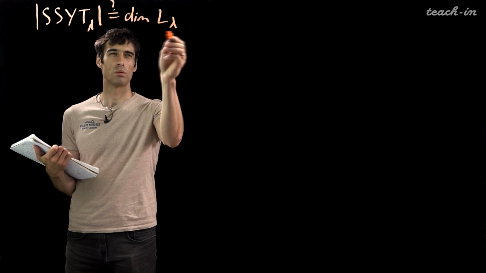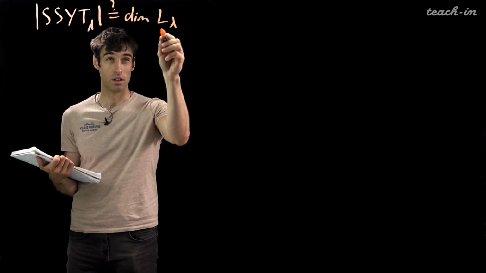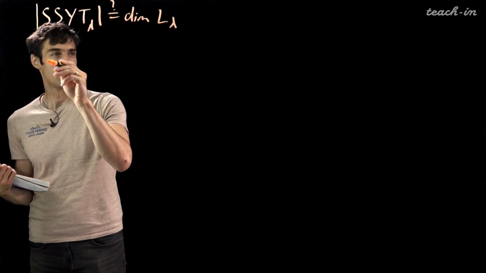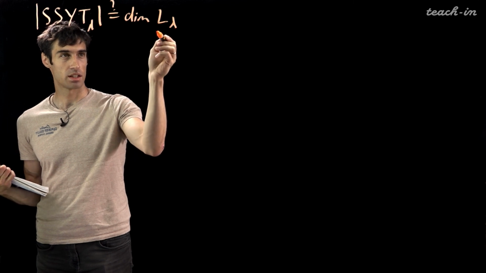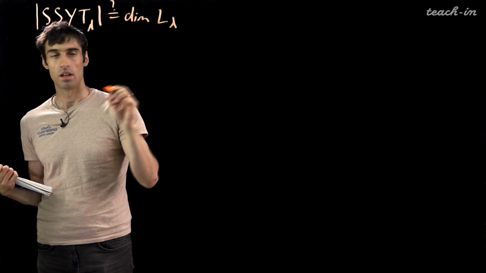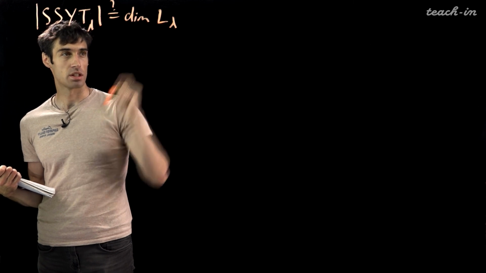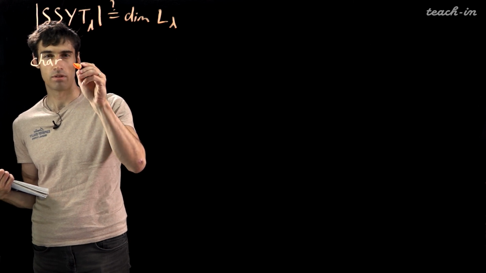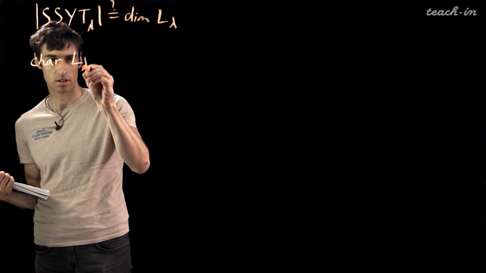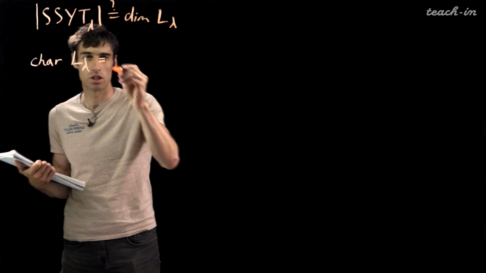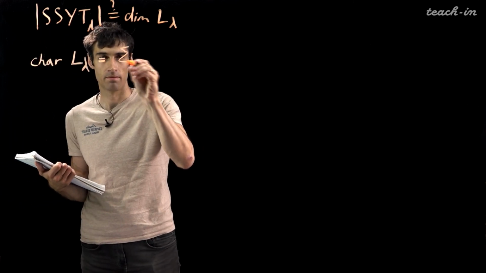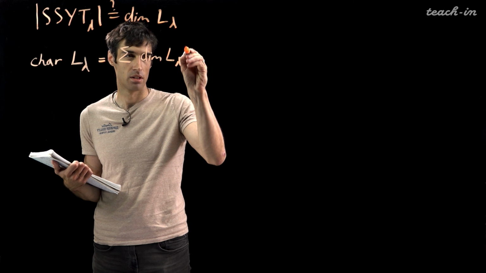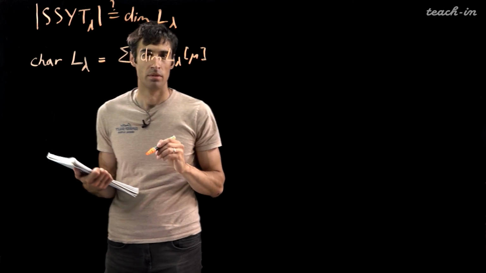So for that, we need to remember how we know how to compute the dimension of L lambda. So for that, recall what the character of L lambda is. So the character of L lambda, by definition, was the sum over dimensions of weight subspaces, right?